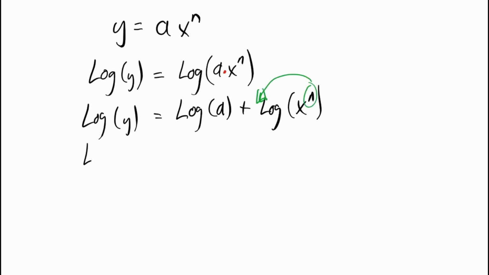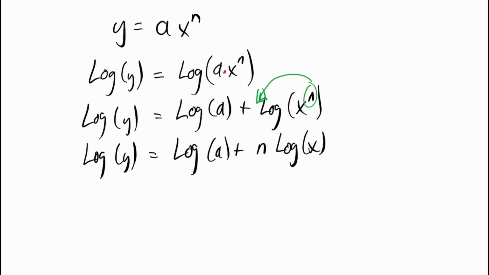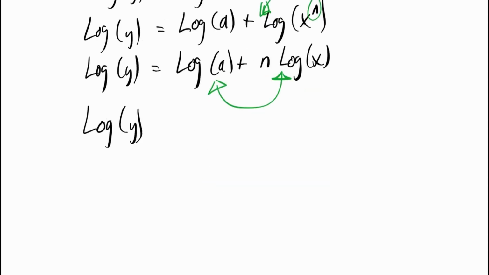So this gives us log y equals log a plus n log x. The next step is I'm going to swap the order of these two terms. This gives us log y is equal to n log x plus log of a.